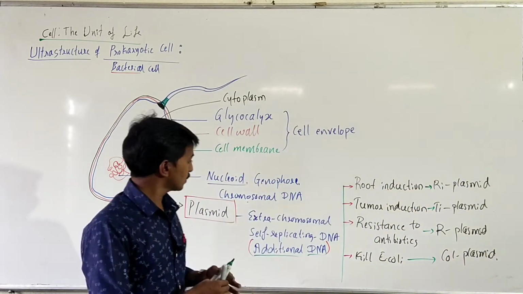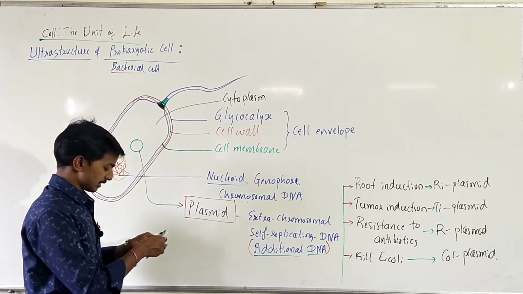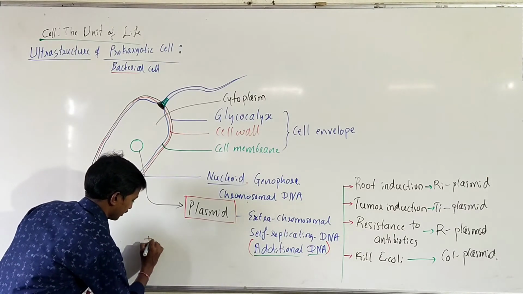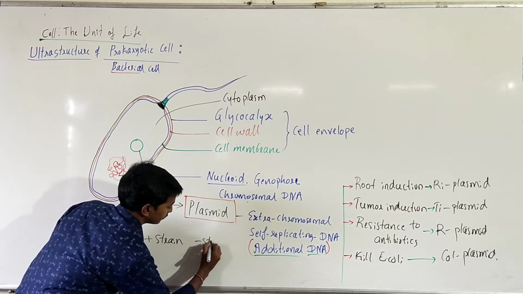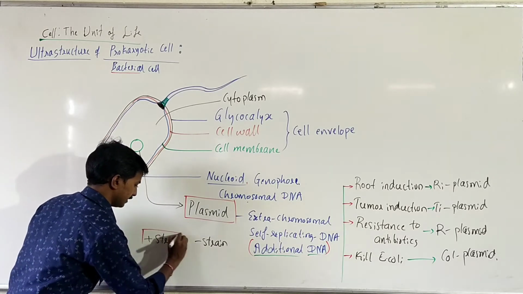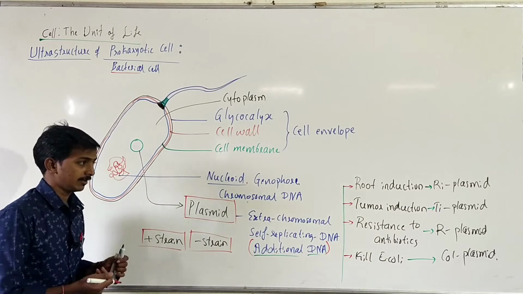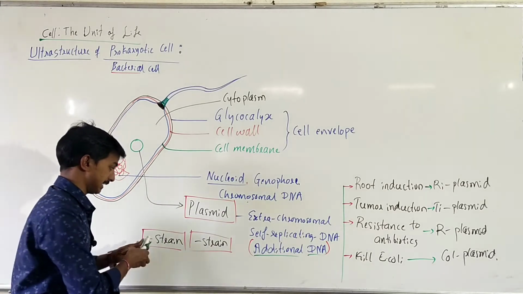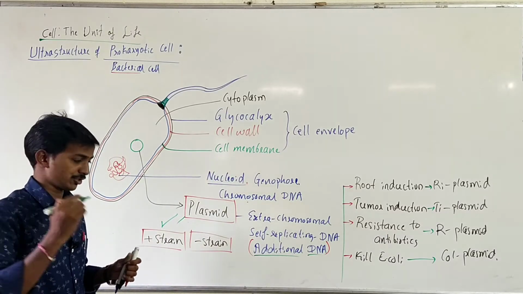So based on this only, we can say the bacteria as plus strain and minus strain. You may ask, what is this plus minus? Whenever the plasmid is present, it is called a plus strain.